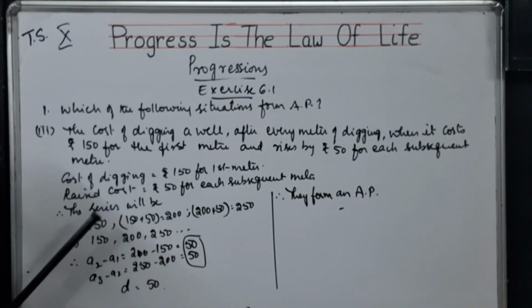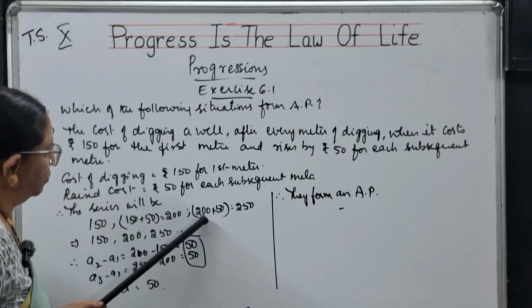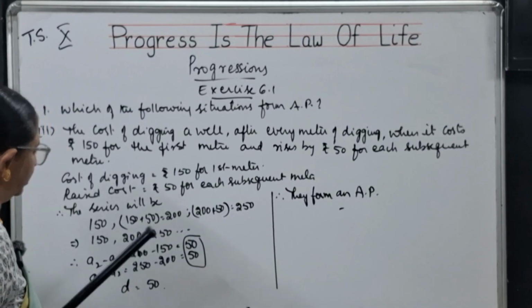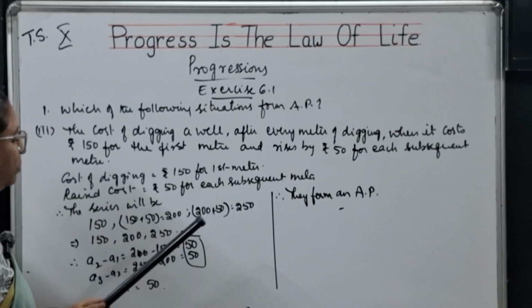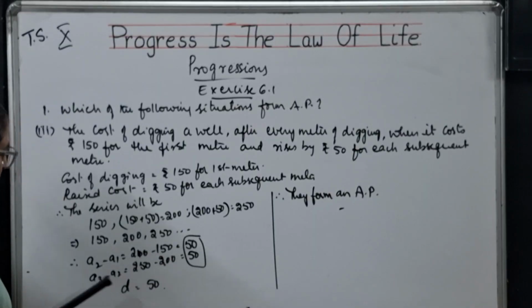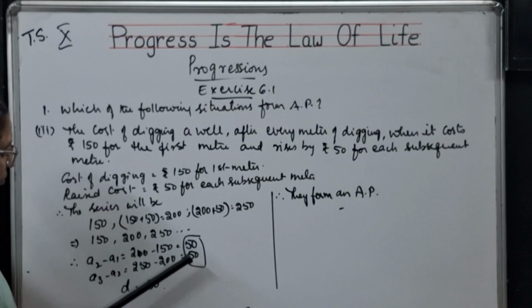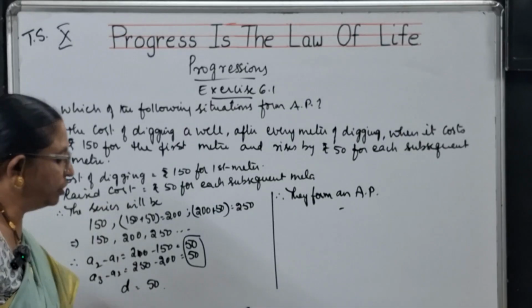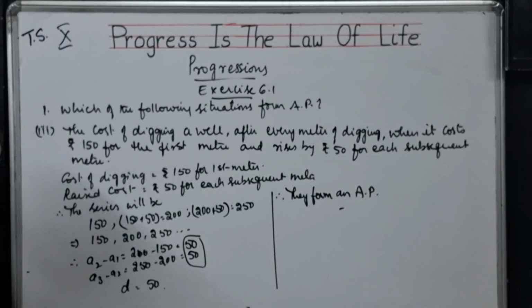So the series will be: first is 150, then for the second meter 150 plus 50, 200, third one 200 plus 50, 250. So what does this imply? 150, 200, 250, and so on will be the series. So A2 minus A1 is 50, A3 minus A2 is also 50. So a common difference exists, therefore they form an AP. This is the third one, children.